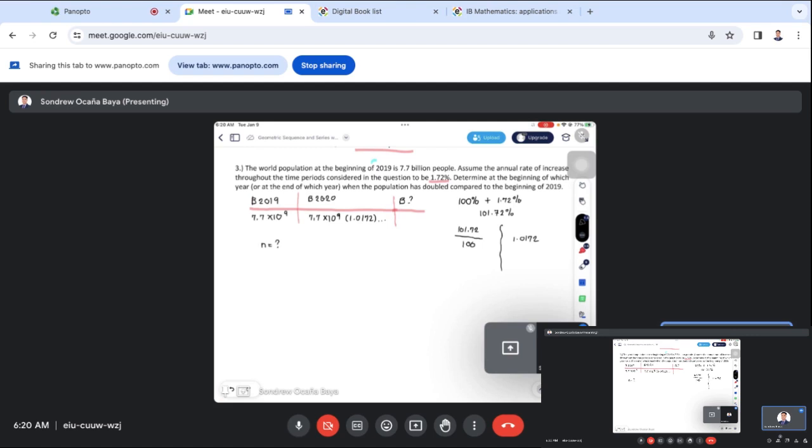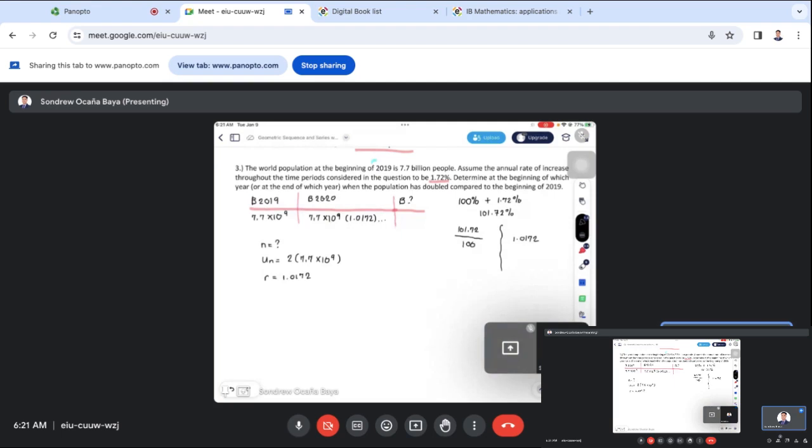That means we want to know which year your population, which is your u sub n, is doubled. So you don't have to really compute it. You can just write it as 2 times 7.7 times 10 power of 9. And then the rate here is 1.0172.